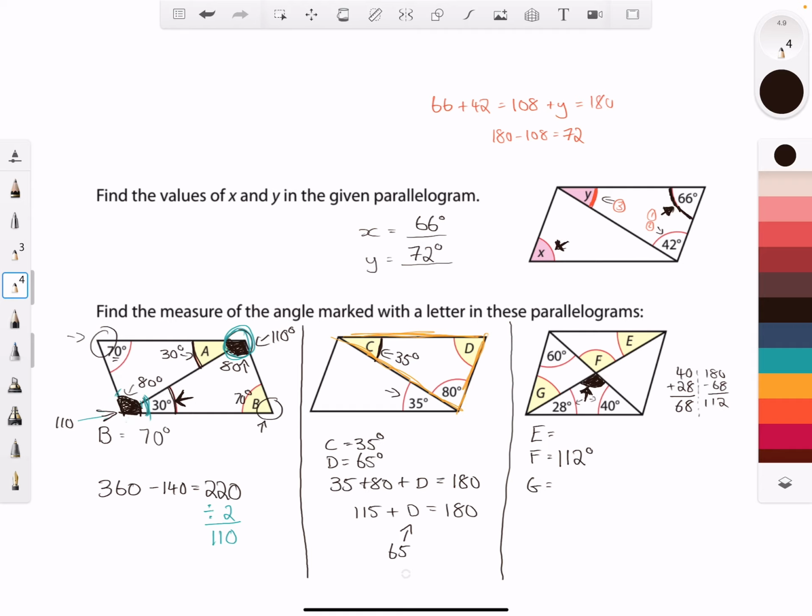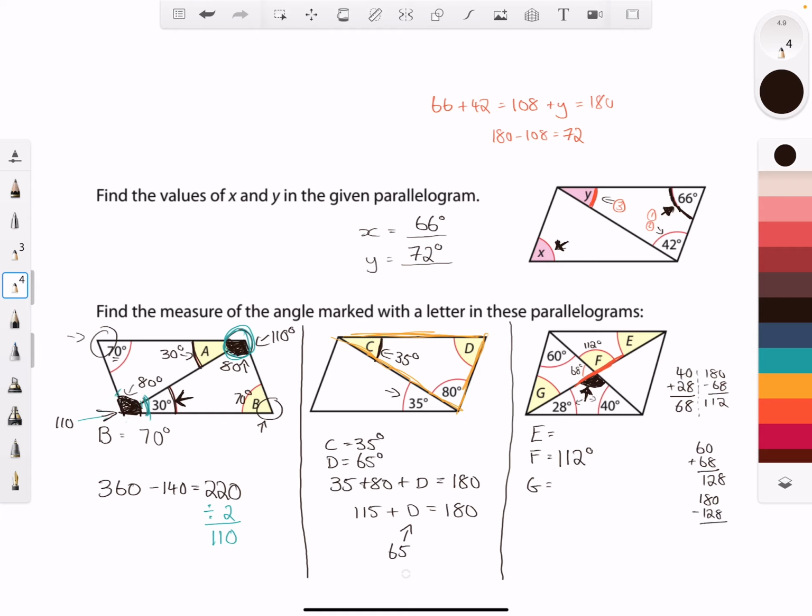Okay? And if F is 112 degrees, and this here, let me get a different color. This here is a straight line, isn't it? This angle here must be 68 degrees. And I know that 60 plus 68, let's add those together. 60 plus 68 is 128. So what's the difference between 180 and 128?